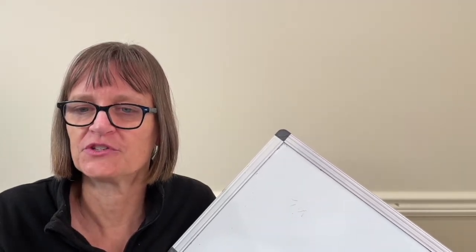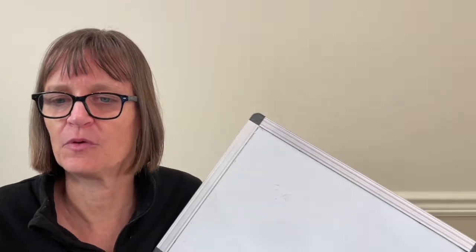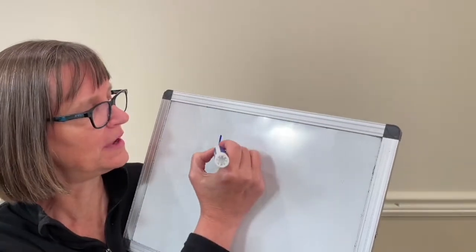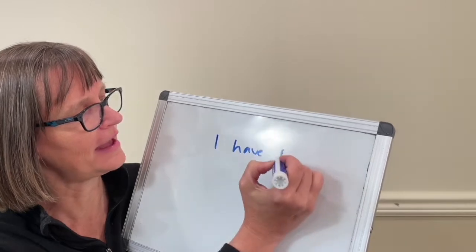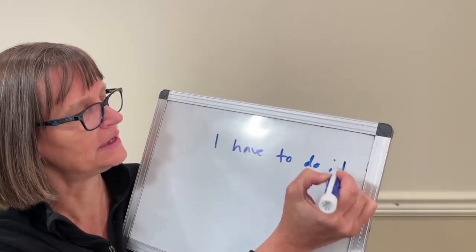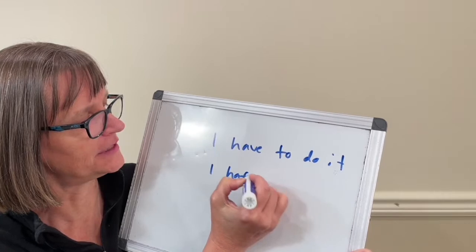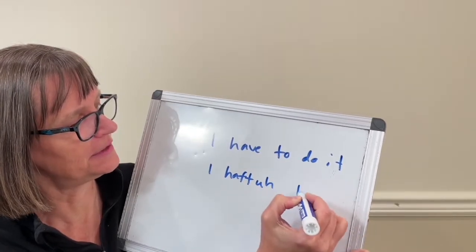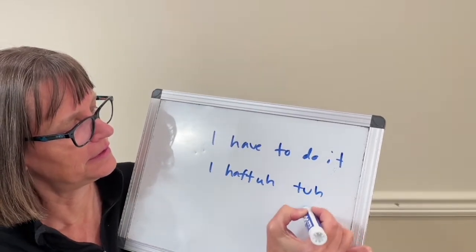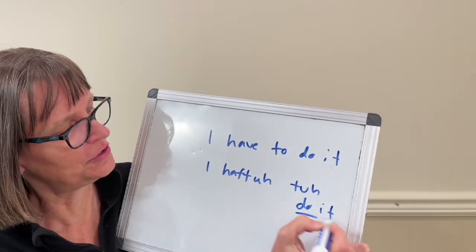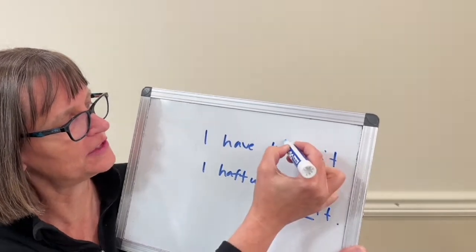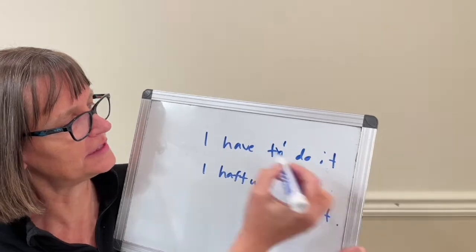We have another question about the phrase "I have to do it." So I have to do it becomes more of I have to do it. Because do is stressed, my to gets reduced to more of a schwa, I have to.